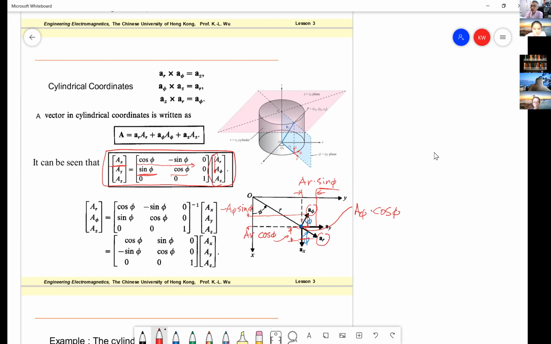I convert English into Chinese. This is my English to Chinese dictionary, right? If you would like to go the other way around, a Chinese to English dictionary, easy. You just take the inverse of this matrix, then you find the coordinates in the other coordinate system, and you translate Chinese into English, right?